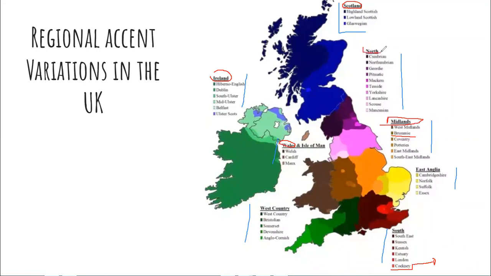Also, in the north, we'll be checking the Geordie accent, Scouse, and Mancunian. Scouse is the area of Liverpool, and Mancunian is the area of Manchester.